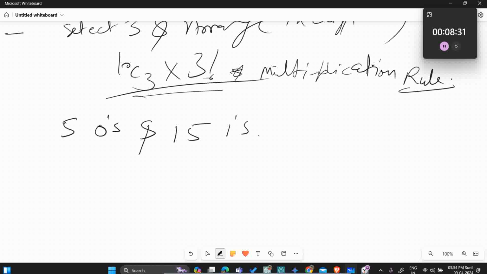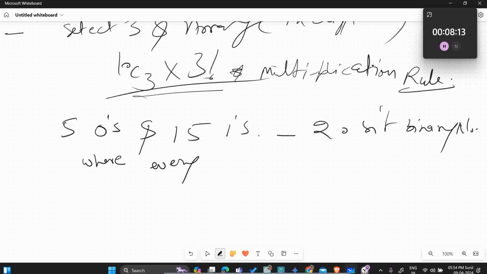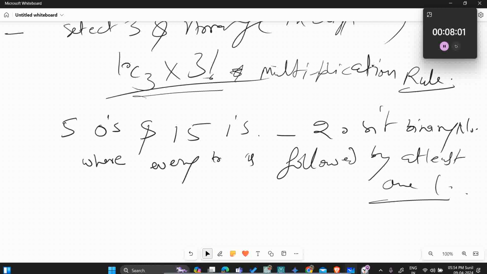How many 20-bit binary numbers are there where every zero is followed by at least one one? This is a very different question altogether.